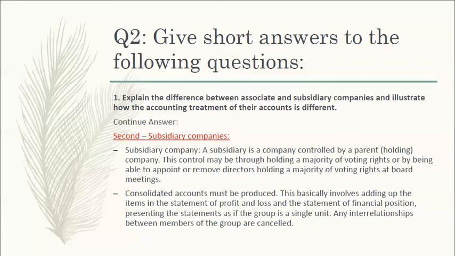Second, we mentioned the accounting treatment: consolidated accounts must be produced, which basically involves adding up the items in the statement of profit or loss and the statement of financial position, and presenting the statements as if the group is a single unit, and any interrelationships between members of the group are cancelled. So this was the first question in the short answers.